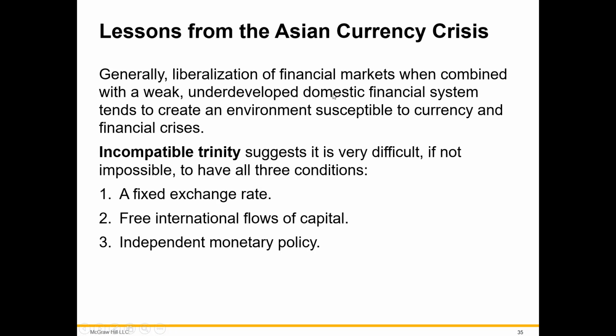Basically, because of this, it's really hard, right? The incompatible trinity argument says it's very difficult, not impossible, to have at the same time a fixed exchange rate, free international flows of capital, and an independent monetary policy, right? Because if you have a fixed exchange rate and free international flows of capital, money will flow in rapidly or flow out rapidly depending on the relative, true value of the exchange.